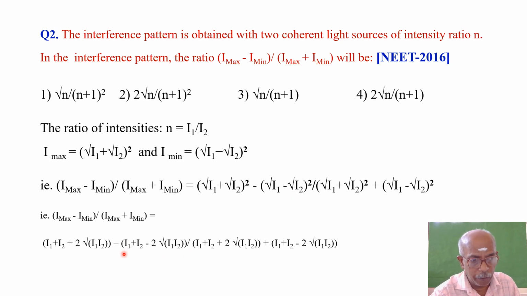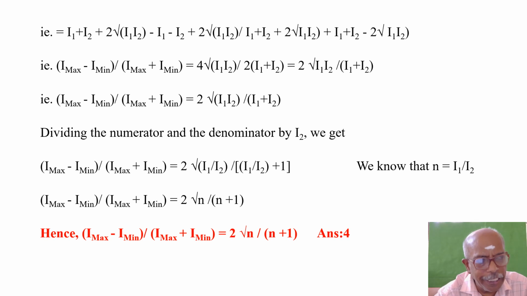So minus of, listen here, this is minus of I1 plus I2 minus 2 into root I1 I2, divided by the denominator, I1 plus I2 plus 2 into root I1 I2, plus I1 plus I2 minus 2 into root I1 I2. In the next step, you can remove these brackets. In the numerator, we have I1 plus I2 plus 2 into square root of I1 I2.